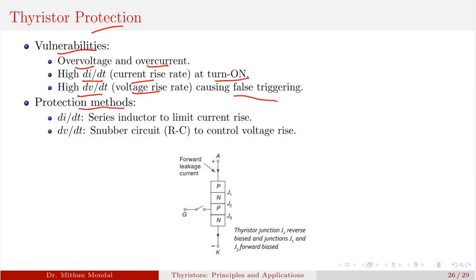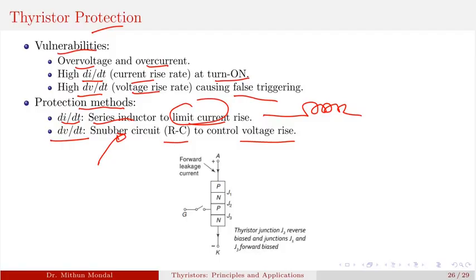So we required some protection method. If we require di by dt protection, then we required the series inductor to be limiting the current. So we required some inductor which is put in series with the thyristor, and this will limit the current to the thyristor. dv by dt protection, some special circuit which is in the form of a snubber circuit, which is RC circuit, it controls the voltage rise.